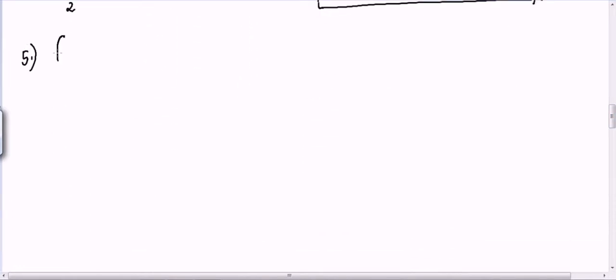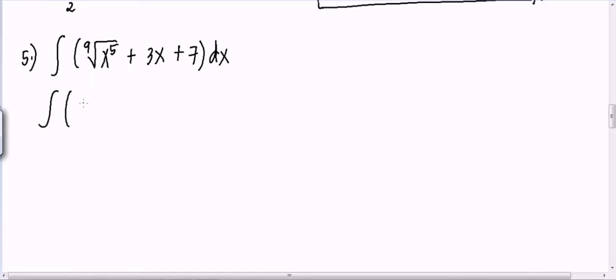Okay, for example, the integral of 9th root of x raised to 5 plus 3x plus 7 dx. Okay? So, again, hindi muna tayo mag-i-integrate kasi meron tayong radical. So, ang gagawin muna is, ayusin muna yung radical na yan to exponential. So, x raised to 5 over 9. Okay, ito yung numerator, the root would be, or the index would be the denominator.